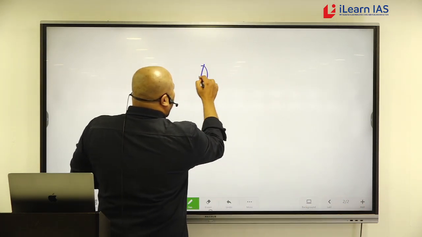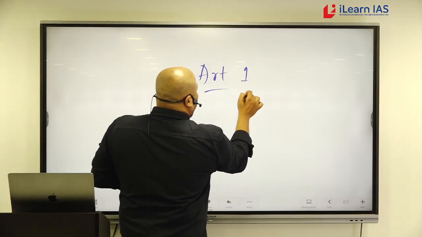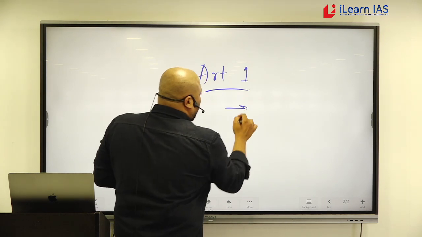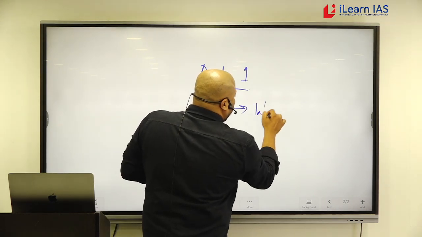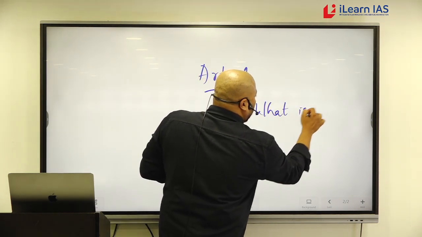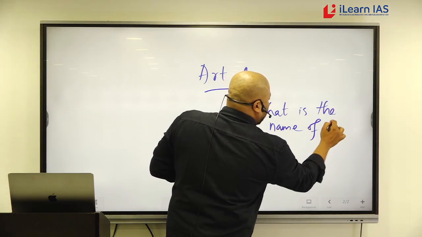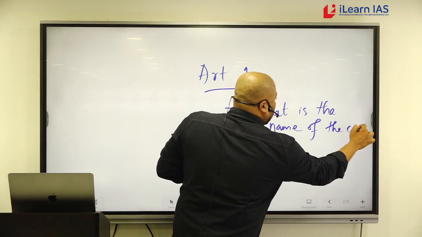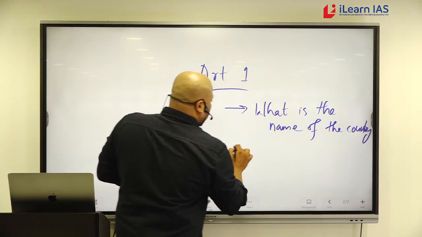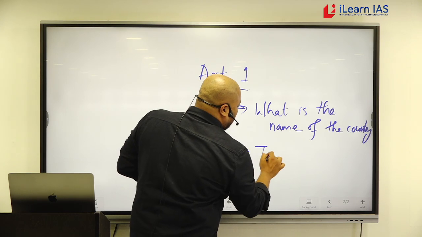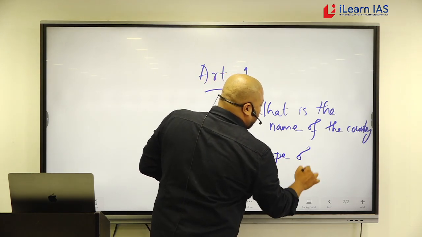So what does article 1 talk about? Article 1 gives an idea about what is the name of our country. What is the name of our country? And it also gives an idea about the type of polity that we are going to have.